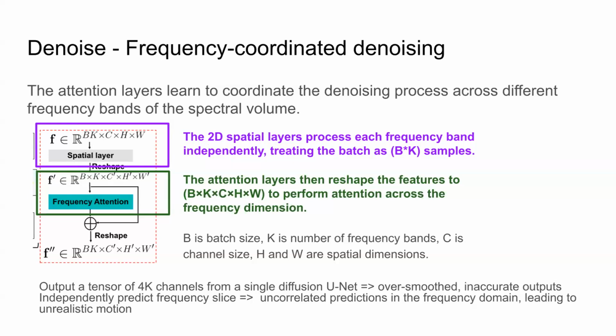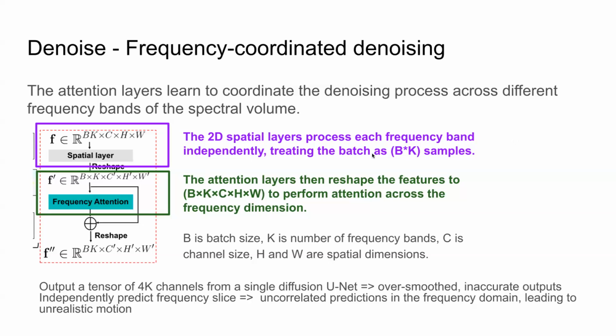That means in this layer, it will process each frequency band independently. They wouldn't be combined together, and the model wouldn't consider the correlation. So they treat the batch as BK samples instead of B samples.